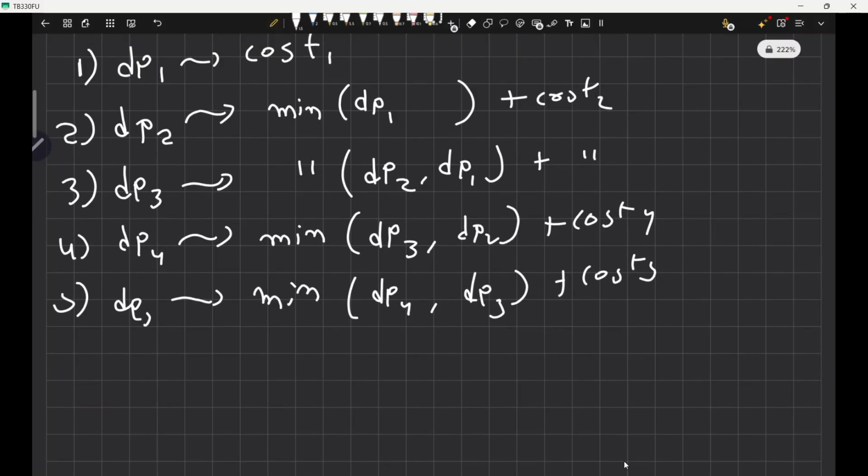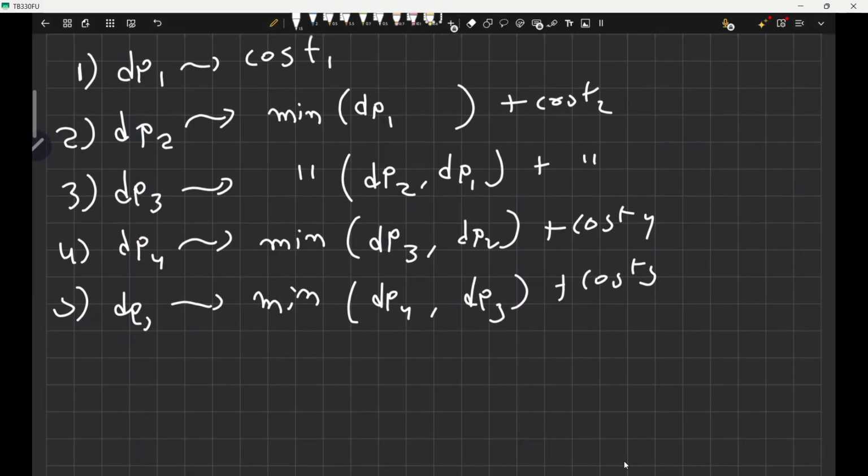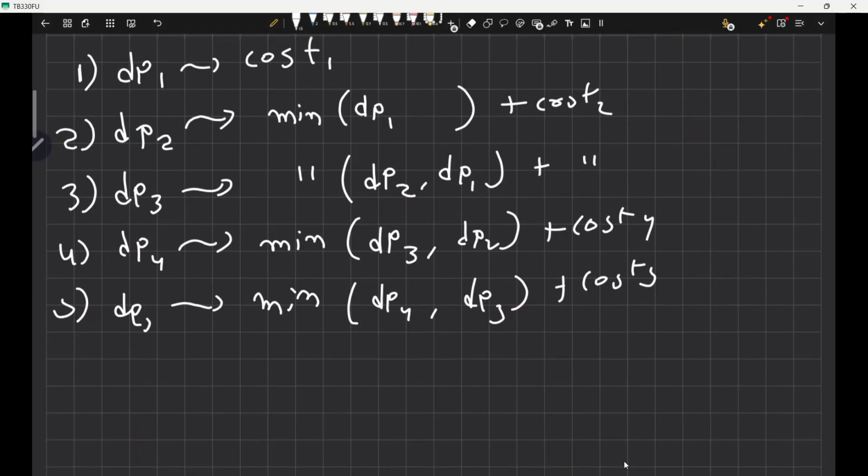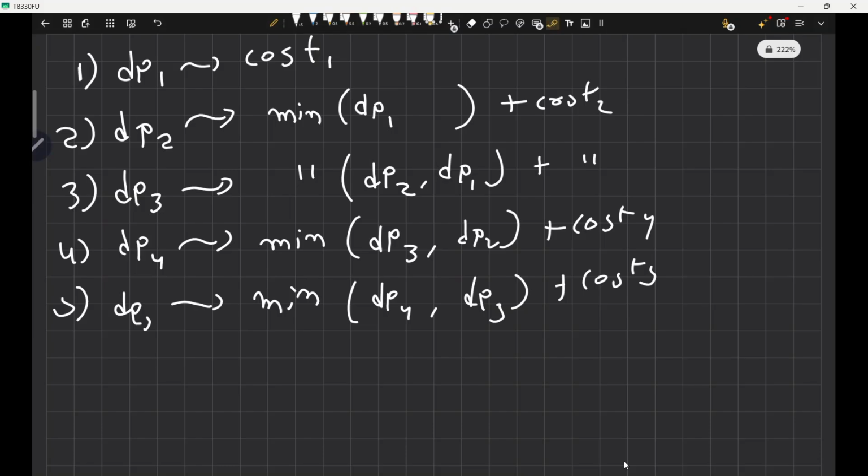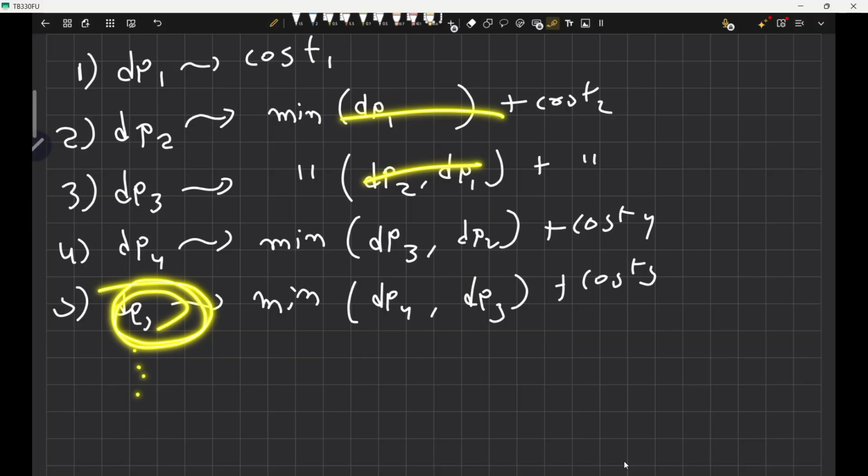So just see here that when you are counting the value of dp of 5, you only need the values of dp of 4 and dp of 3. So there is no use of dp of 2 after this, right?